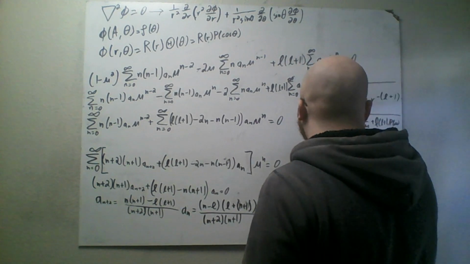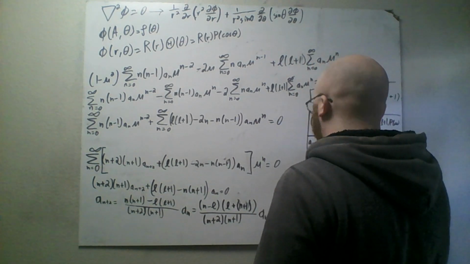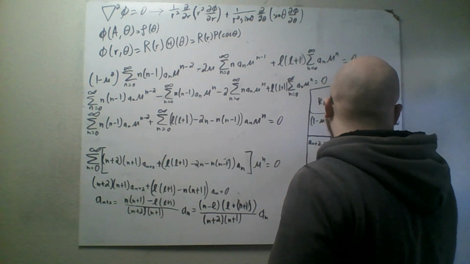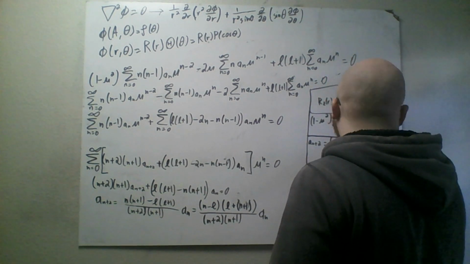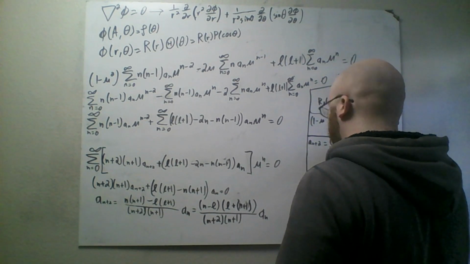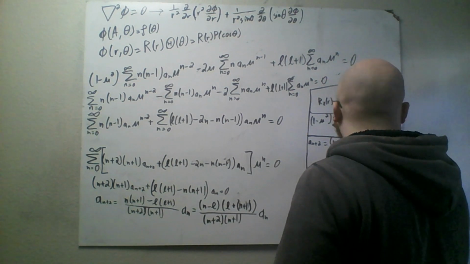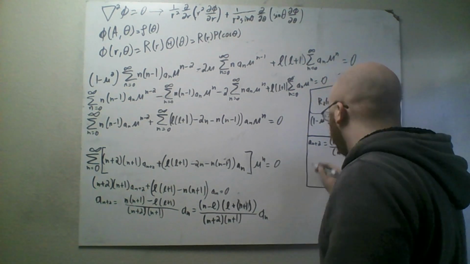So A_{n+2} is equal to (n minus L) times (L plus n plus 1) over (n plus 2) times (n plus 1). Okay.